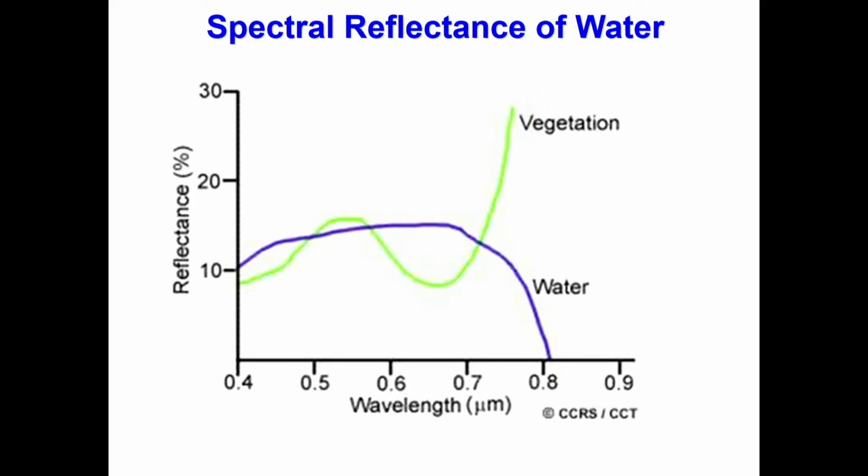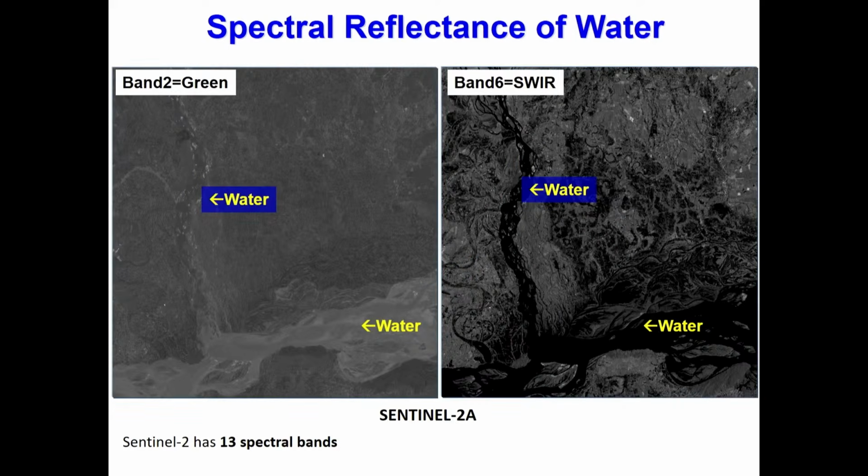And subsequently, this is an example where you can see the green and SWIR bands. In green, if you see the image on the left, you are not able to distinguish water very clearly, because it has a higher reflectance in this particular wavelength. And once you go to the right image, you are able to see that the channels on the top, and the areas which are darker, have a presence of high water or moisture because of the rainfall activity, or maybe because of flood.